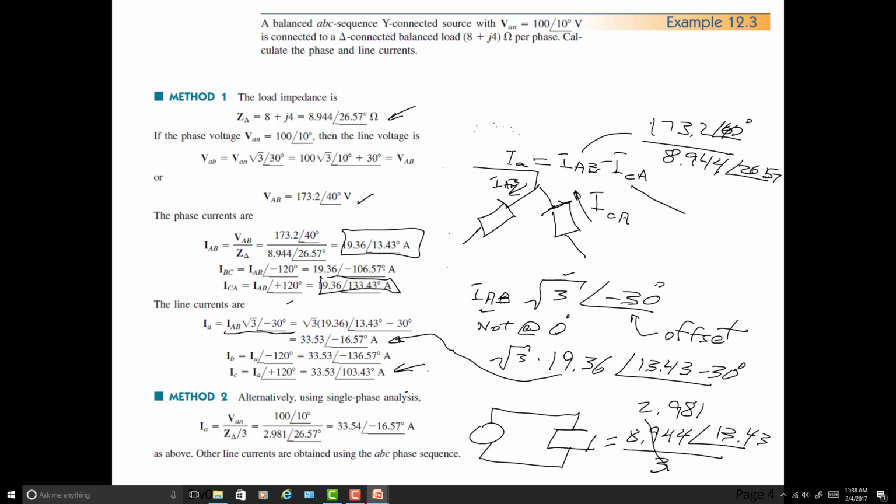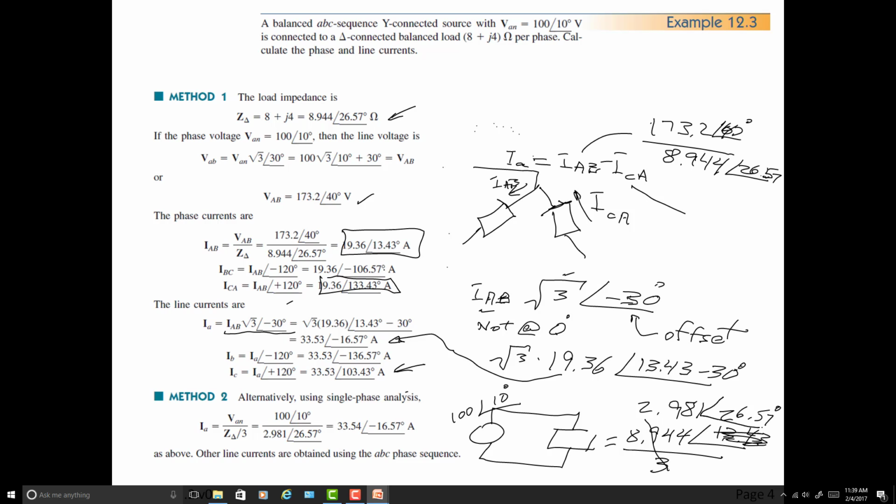So now when they perform this division, remember this is the original from way up in the problem. Where am I at? This one is 100 at an angle of 10 degrees. Okay, and now if I divide the two, I just noticed as I'm doing this, I copied this number wrong. This should have been 26.57 degrees.